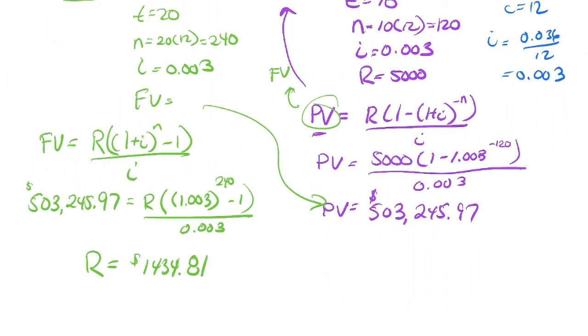So one thing that we could say from your perspective, if let's say that you want to retire early, or you want to start saving now for retirement, and you retire 50 years from now. So we sort of have the same idea that 50 years from now, you want to withdraw $5,000 every single time. And how much money would you need then? So we actually replace T, instead of 20, with 50 years from now.